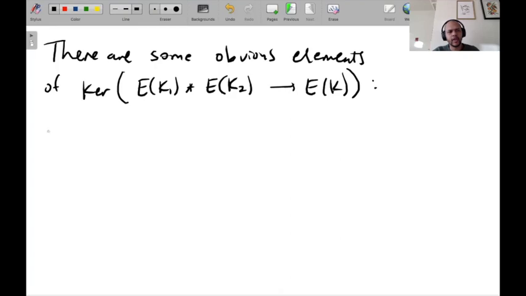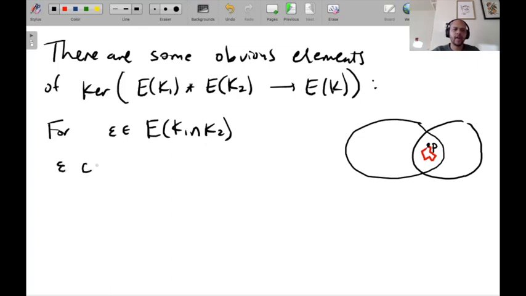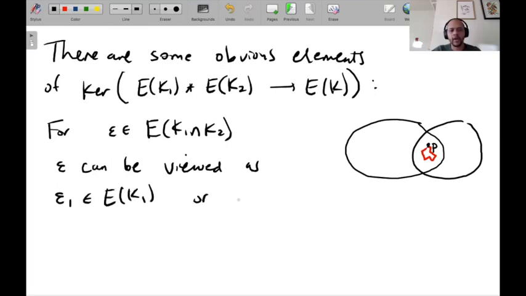Namely, if I have a loop epsilon in the intersection, so it just stays inside of this intersection, I can view it as a loop in K1 or as a loop in K2, since it's in the intersection.